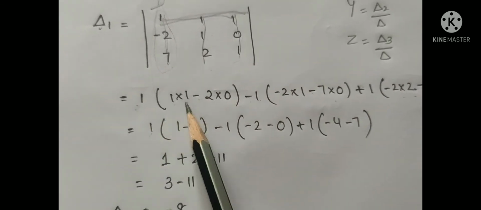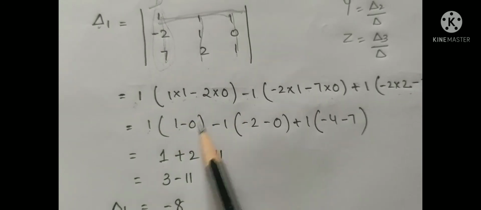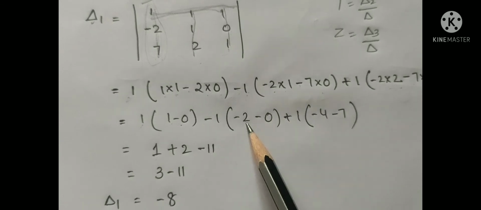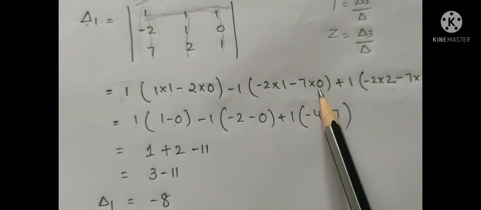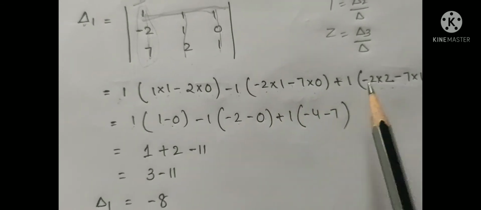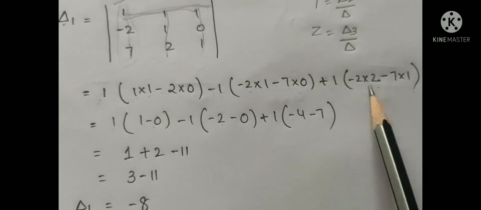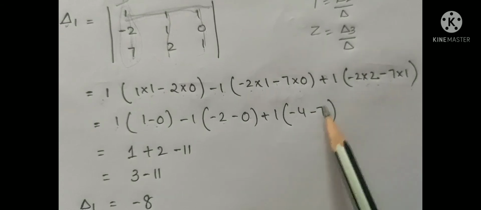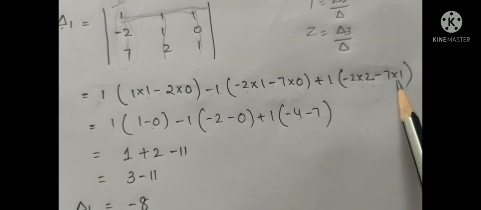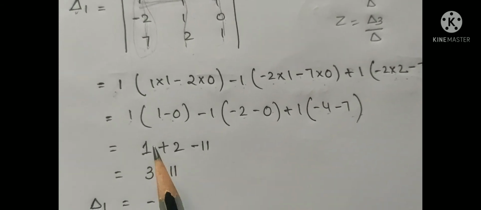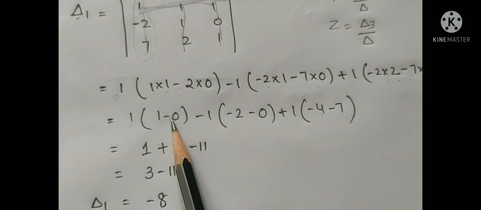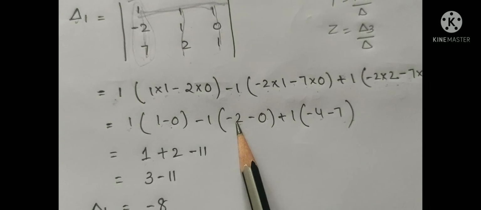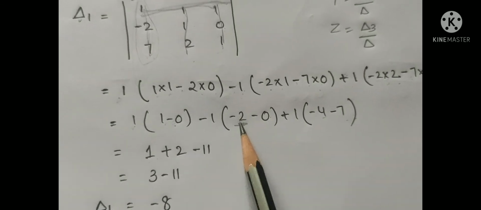1 same as it is. 1 into 1 is 1. Minus 2 zeros are 0. Minus 1. -2 into 1 is -2. 7 into 0 is 0. Plus 1. -2 into 2: minus into plus is minus. 2 twos are 4. 7 ones are 7. Minus 7. Okay, 1 minus 0 is 1. 1 into 1 is 1. -2 minus 0 is -2 only.